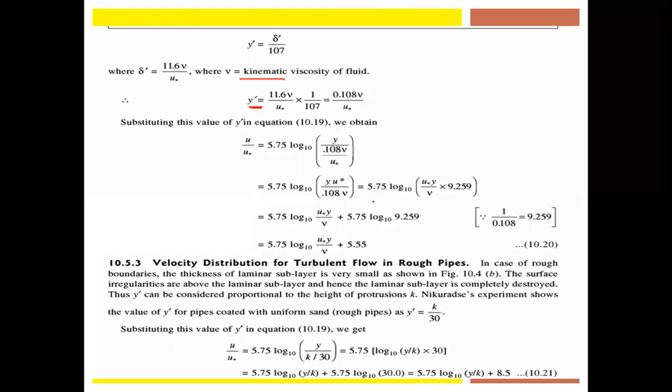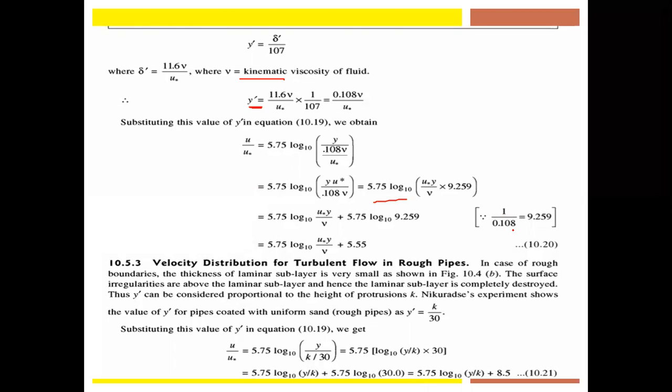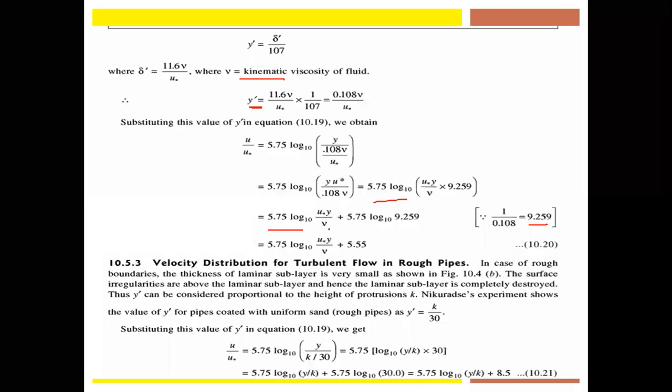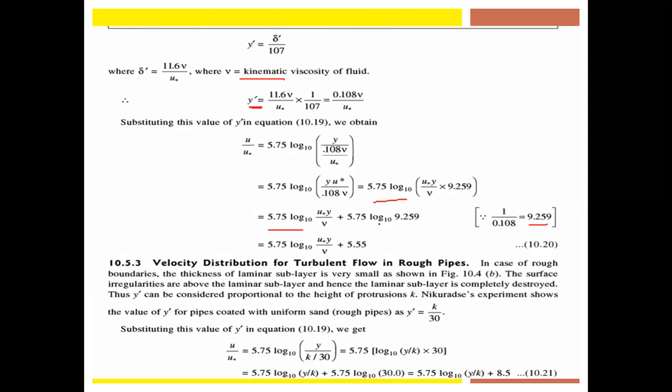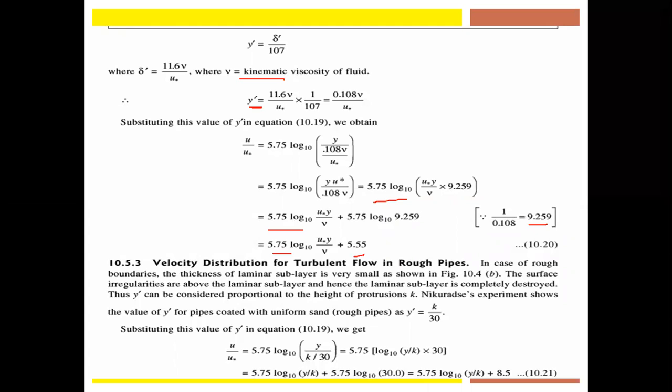That implies 5.75 into log 10 of u star y by v into 1 by 0.108. Why this? 1 by 0.108 we are writing as 9.259. Therefore 5.75 log 10 of u star y by v plus 5.75 log 10 of 9.259, which is equal to 5.75 log 10 u star y by v plus 5.5.